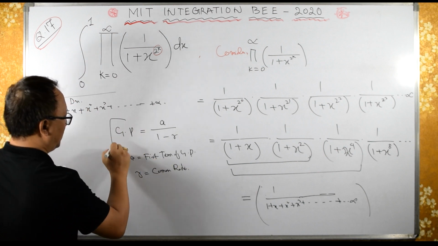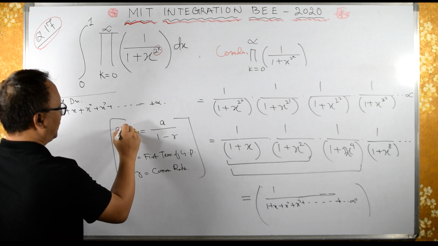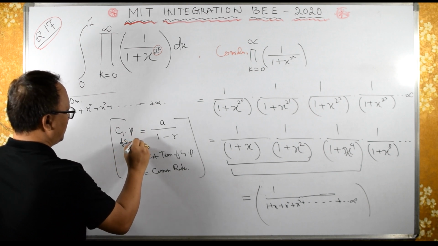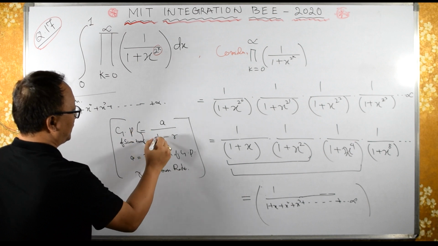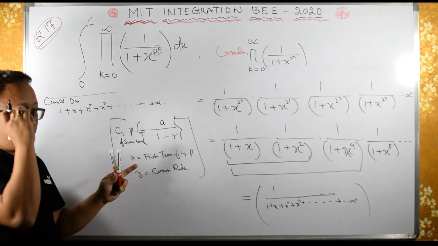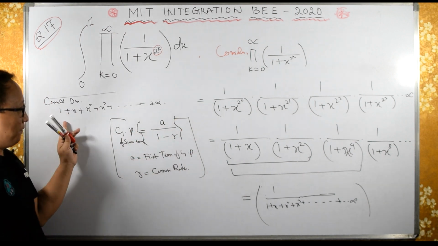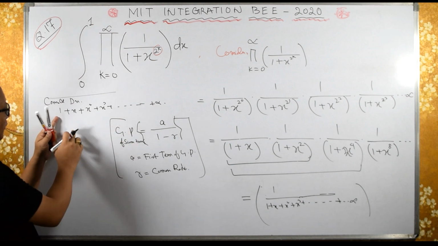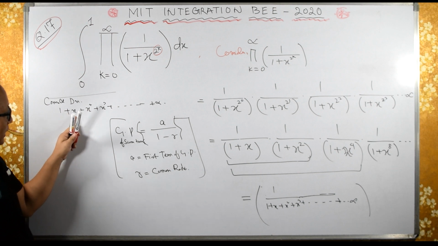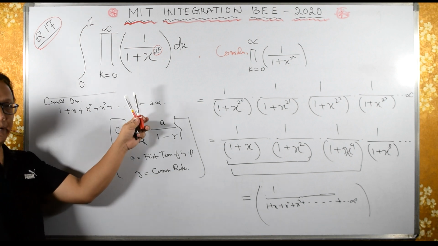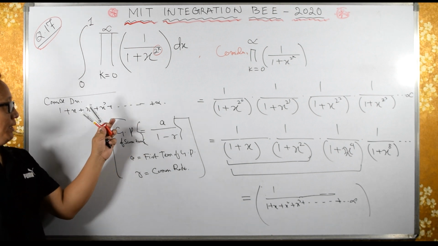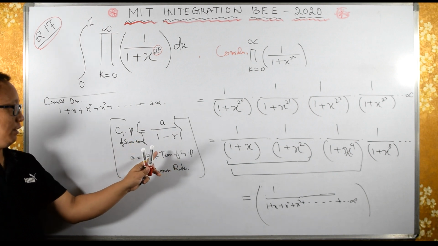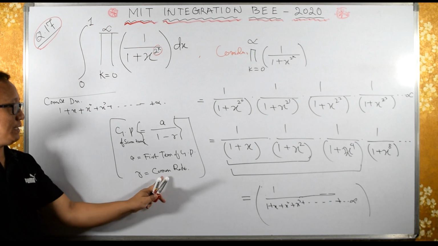The sum to infinity of a GP is given by this. Now here this is a GP, where the first term is 1 and the common ratio is x. So by applying this formula, the sum to infinity is given by A upon 1 minus r, where A is the first term and r is the common ratio.